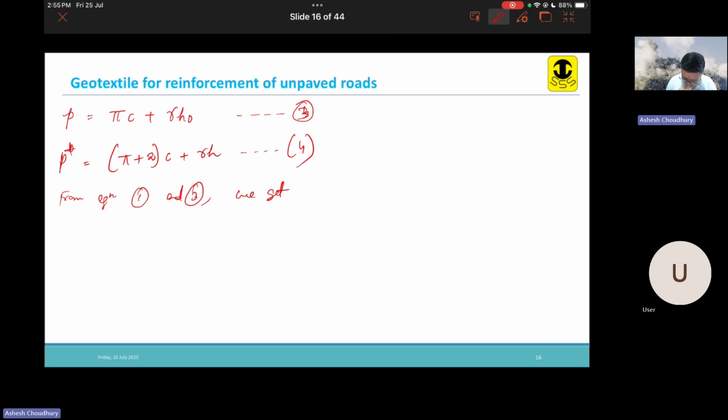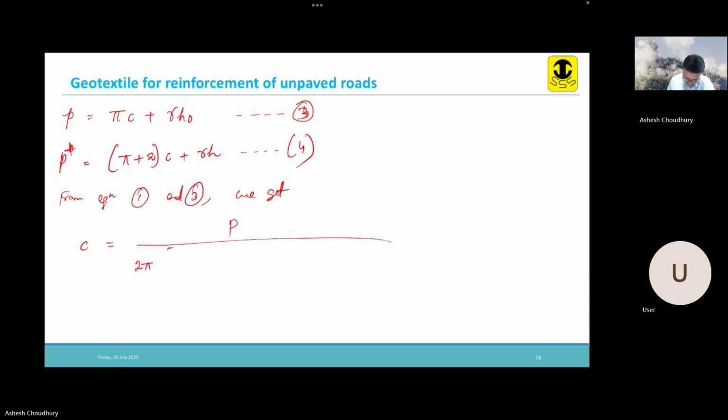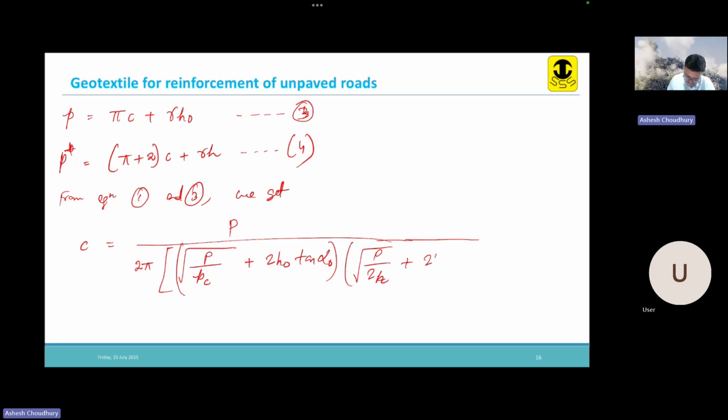Now if we equate equation 1 and 3, we get an expression for H. This expression is important.